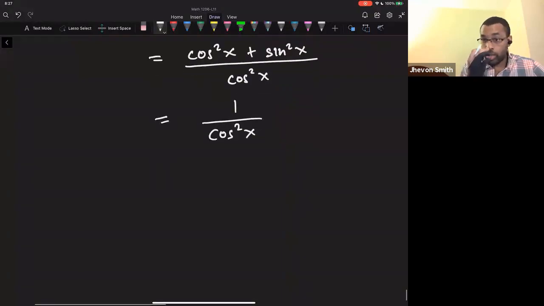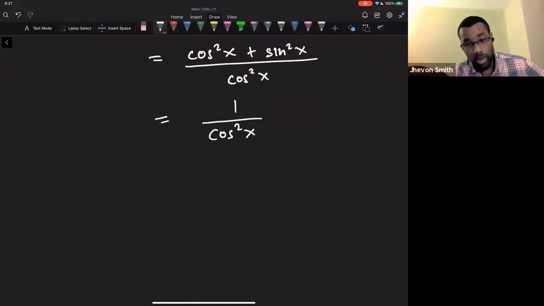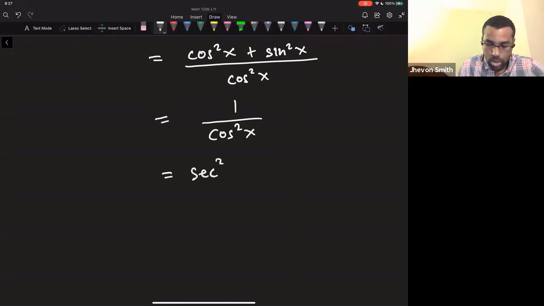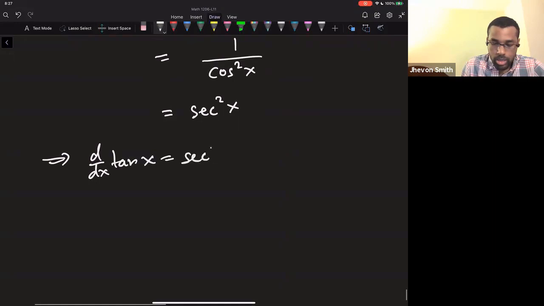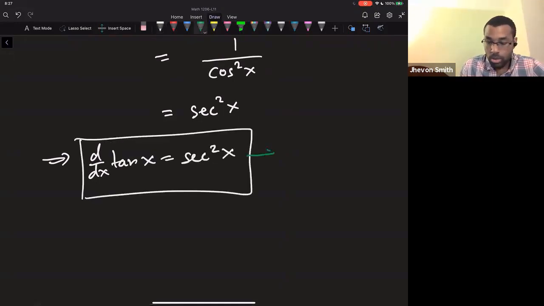So you have 1 over cosine squared. We also remembered that 1 over cosine is secant. So this is actually just secant squared. So the derivative of tangent x is secant squared x. This is something we know now.